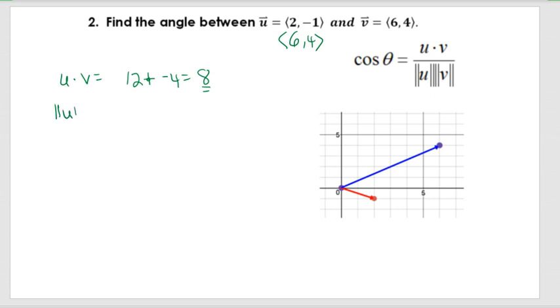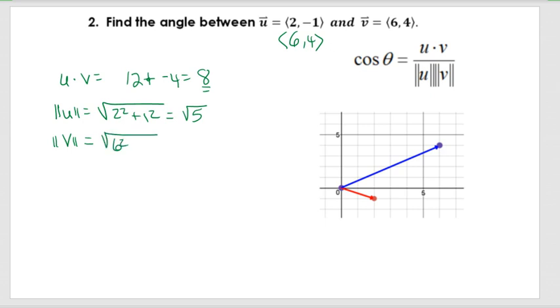And then the magnitude of u is equal to the square root of 2 squared plus 1 squared. I did not include the negatives because when I square them, it takes them out anyway. Square root of 5.